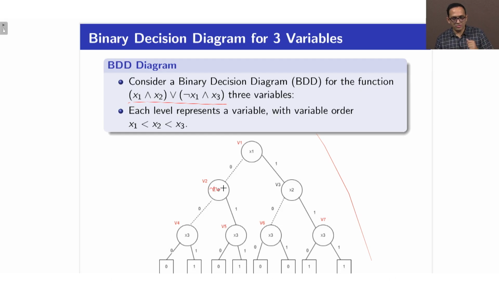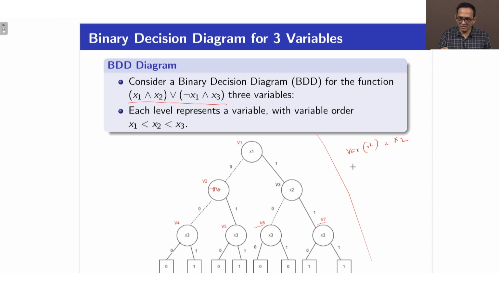A few terminology you should know. Every node has some name. This is the node V4, this is V5, this is V6, this is V7 and so on. If I say var of V2, it is basically x2, the variable associated to the node.